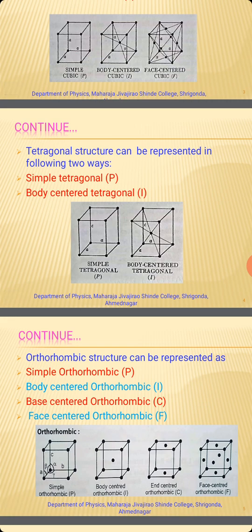In the tetragonal system, considering its condition, that is a = b not equal to c and all angles are equal, we can have two combinations as shown in the figure. First one is simple tetragonal. It means that it will have points at the corners of the unit cell only, and body centered tetragonal means that there will be an additional point located at the center, and these two are called Bravais lattices corresponding to the tetragonal system.